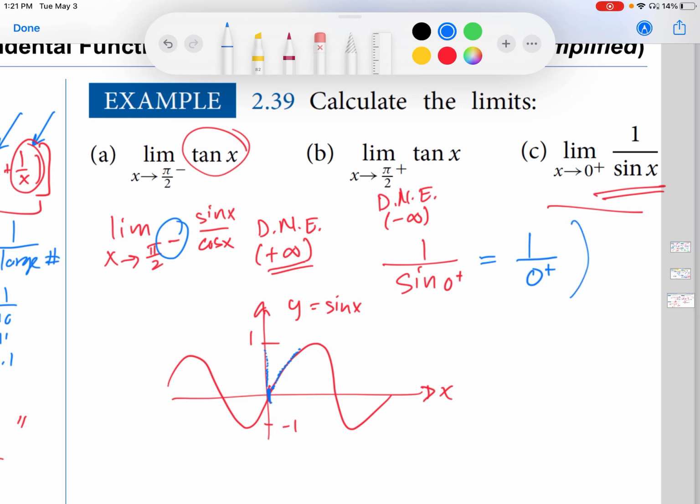So this tells me all the information I need to know here, right? I have 1 over 0 from the right. That's going to tell me that the limit, in this case, does not exist, it does not tend to a specific number. However, I have that information that it tends toward positive infinity.